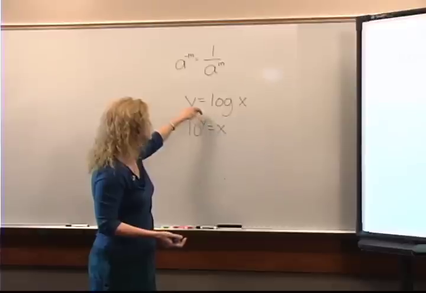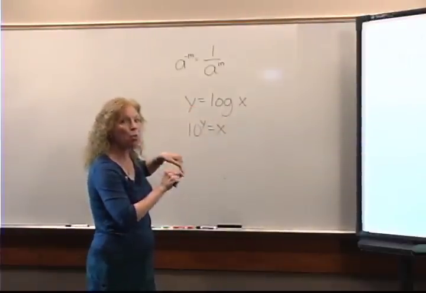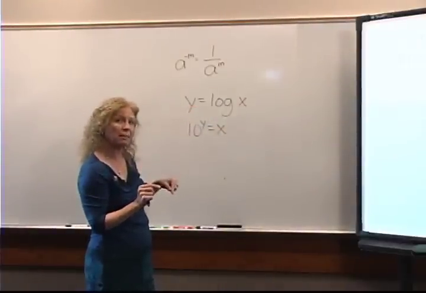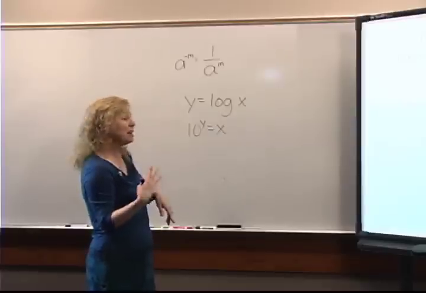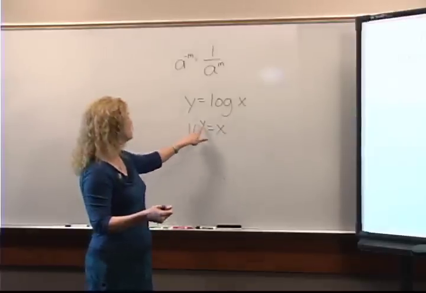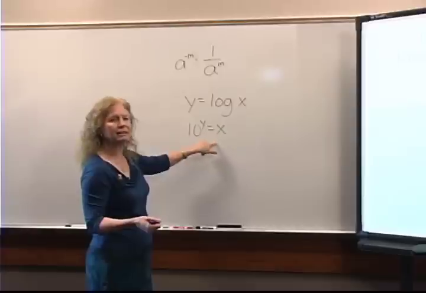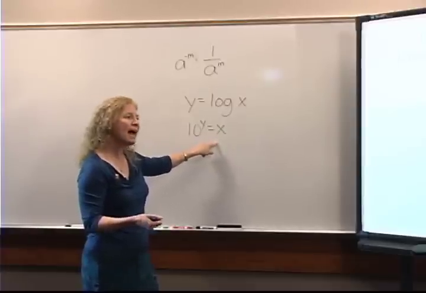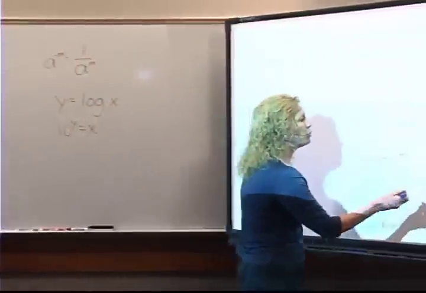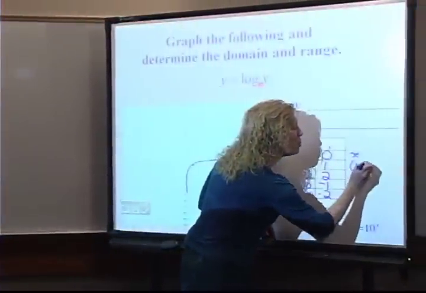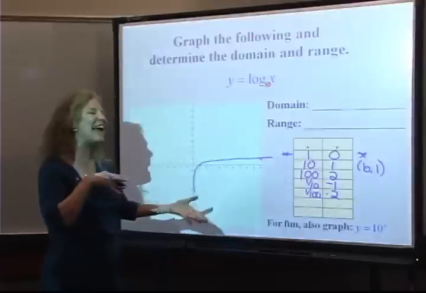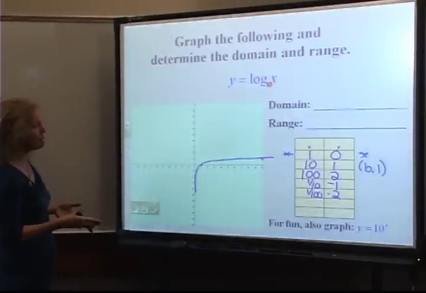So (1, 0) will be a point on every single one of them. And then another point that's pretty good to pull off is when that y value is 1, you're going to get your base out. So you'll always have essentially (base, 1) as another point on every log graph.